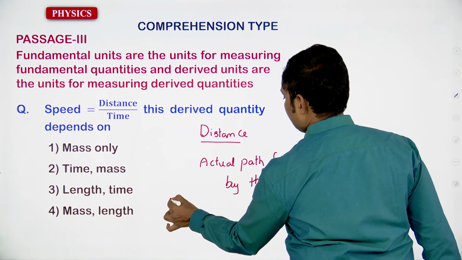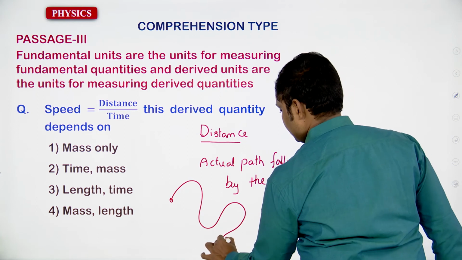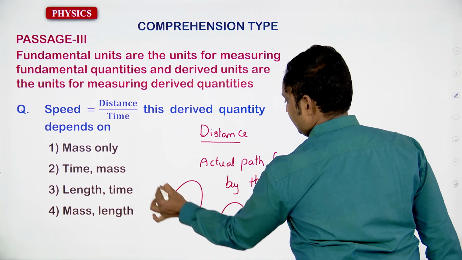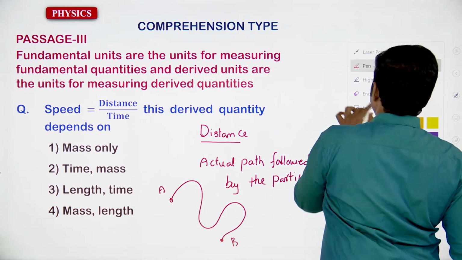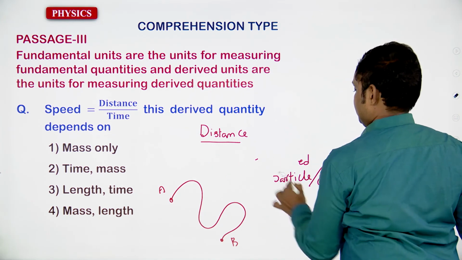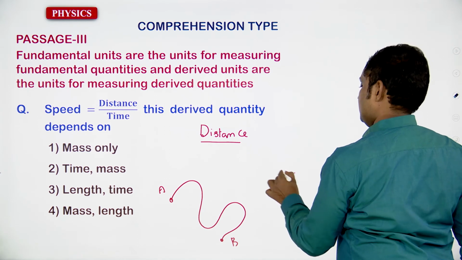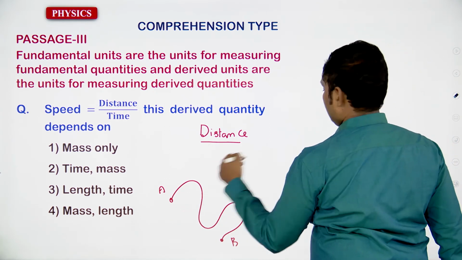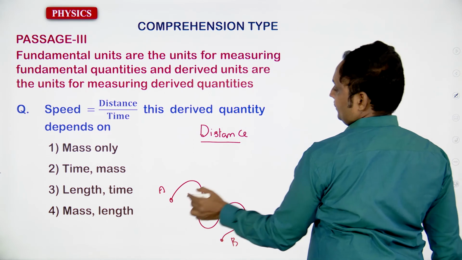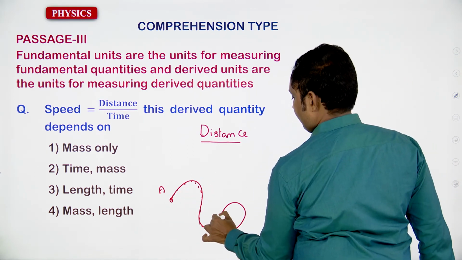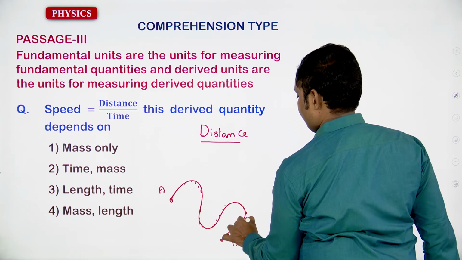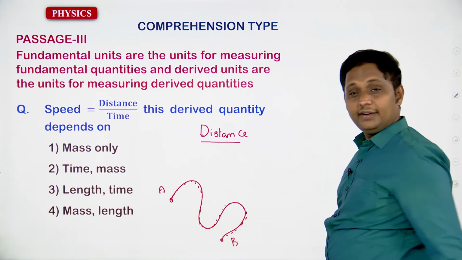This is the case we are going to get: this is the A and B path. Does the actual path represent the distance? Just you have to take that. So that gives the distance. All right, it's very clear.